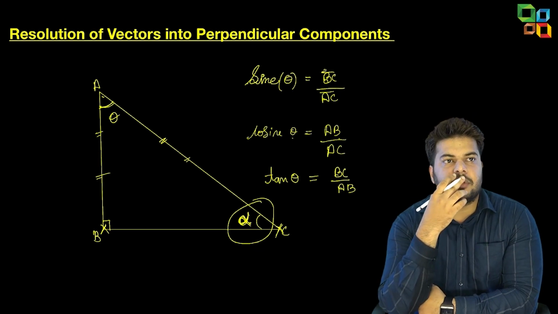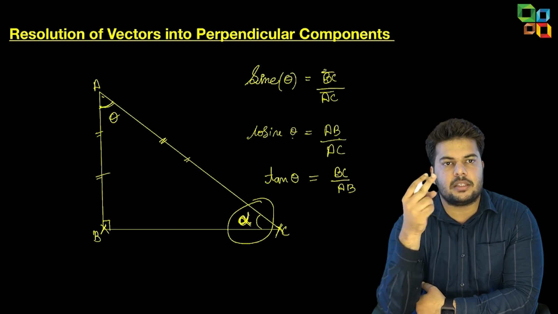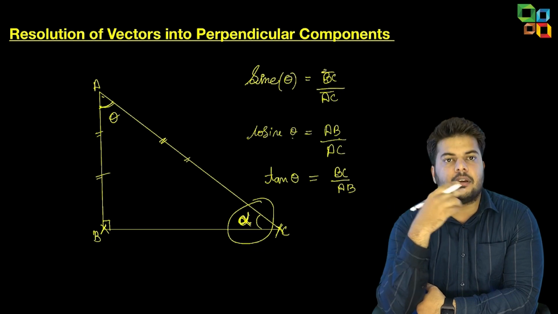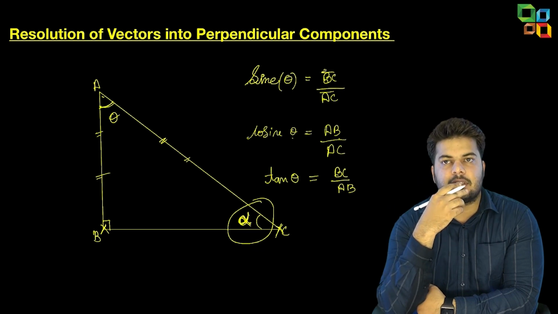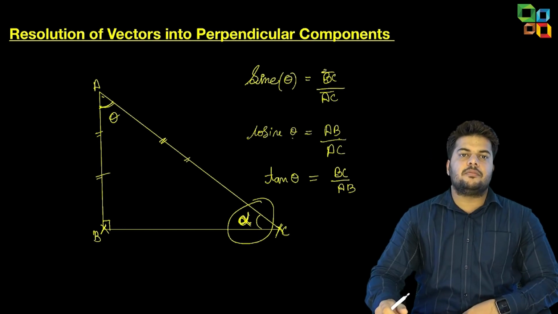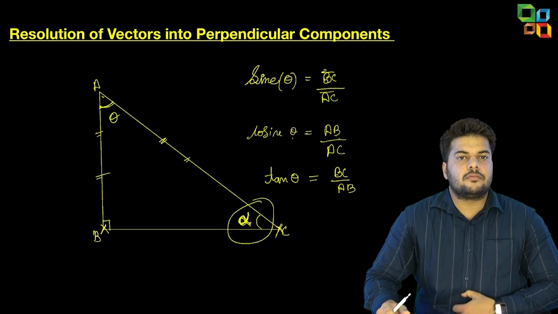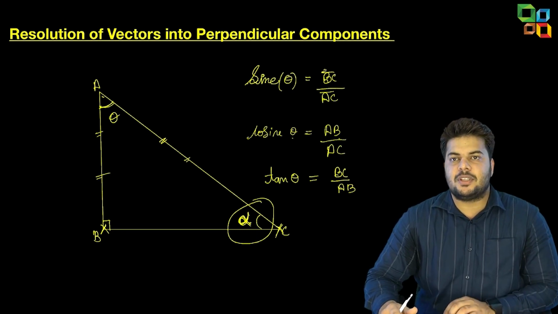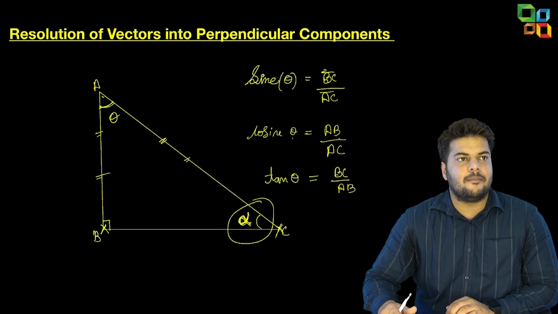Can you think of the possibilities? If I keep on taking different side lengths and go on defining ratios like this, how many possibilities can I think of? If you're not sure, just take a guess and say it boldly.